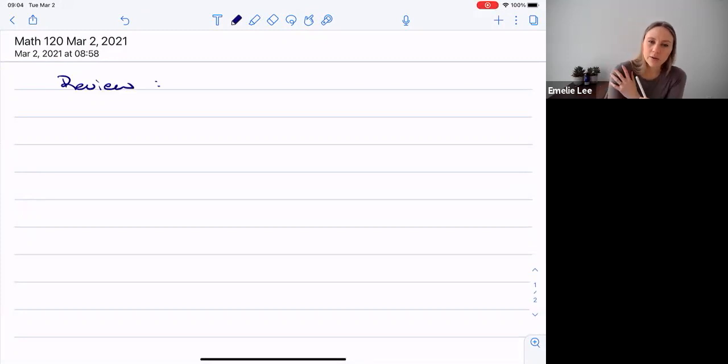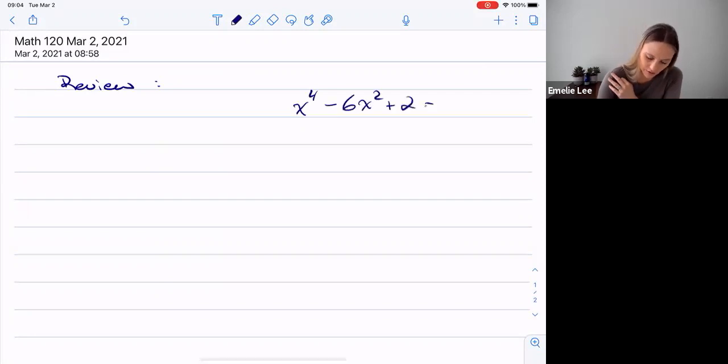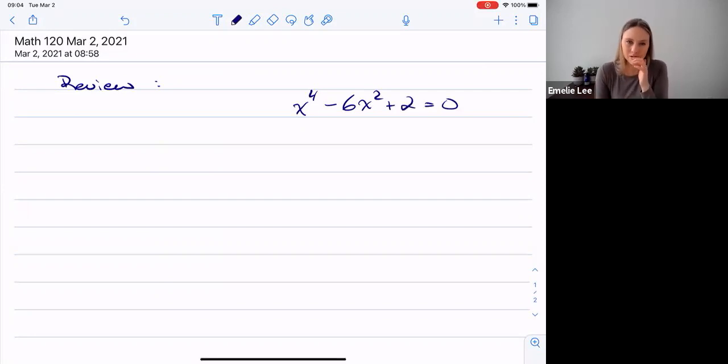X to the power of, and then what's the question? Solving for x? So I presume x to the power of 4 minus 6x squared plus 2 equals 0. Find all real solutions rounded to 2 decimals.